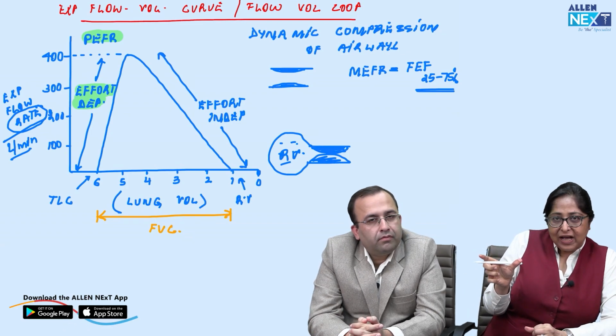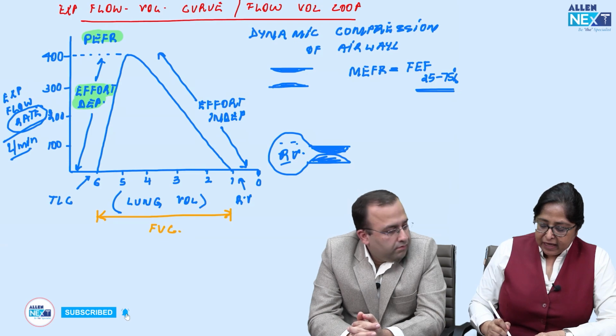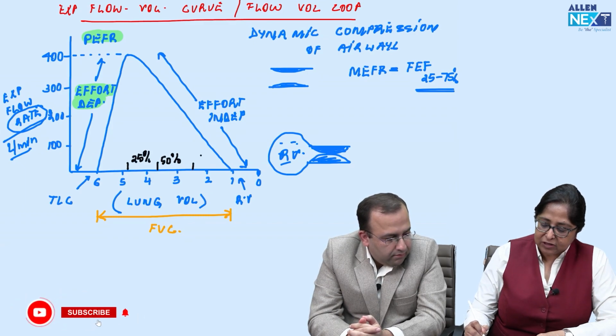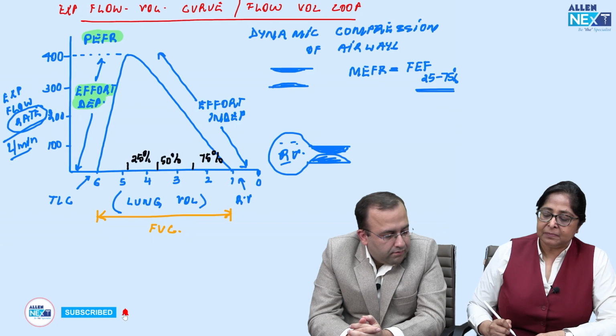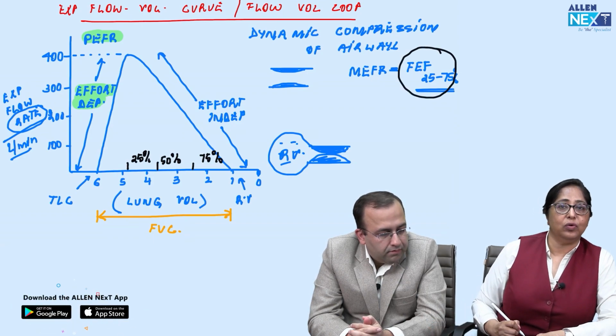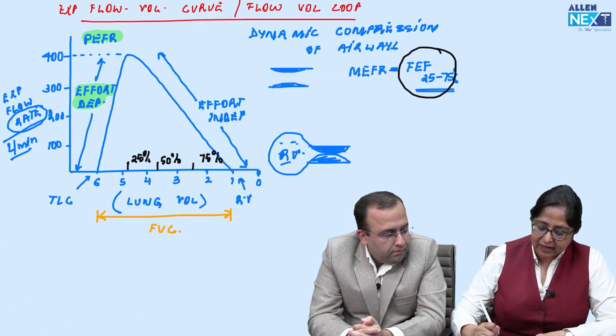So that means when you look at the width of this loop, which is vital capacity, if I divide this into 4 parts, this is 50% of vital capacity, this is 25% of vital capacity, this is approximately 75%. So if I want forced expiratory flow rate between 25 and 75% of vital capacity, we will extrapolate this point.